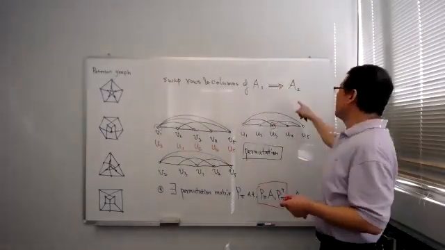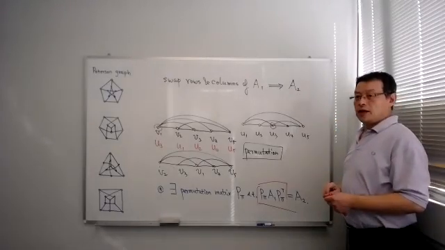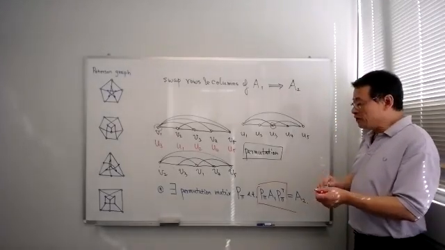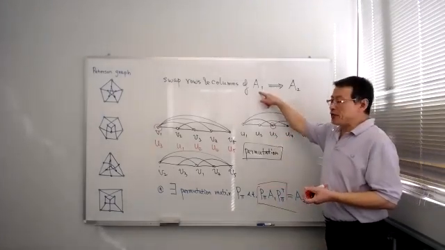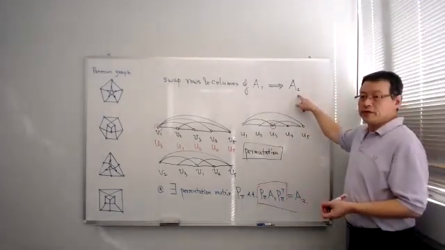So that's the meaning of isomorphism. It's really exchanging rows and columns in the adjacency matrix, and then we get A2.